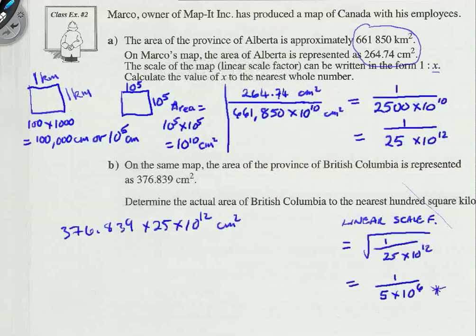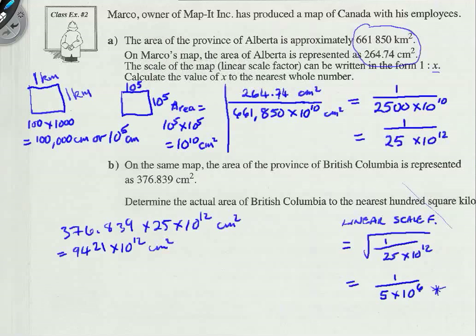So with my calculator, 25 times 376.839, we are getting an answer of basically 9421, if I round a little bit, times 10 to the 12 square centimeters.